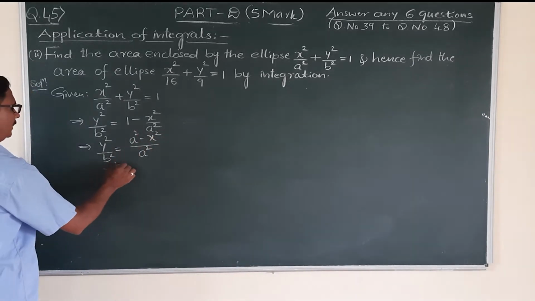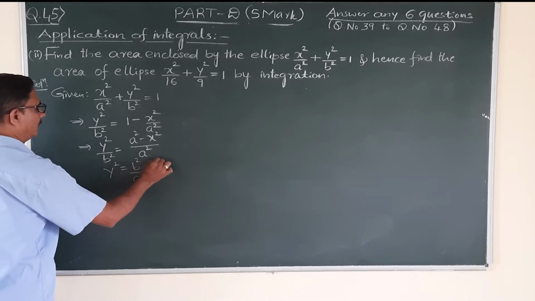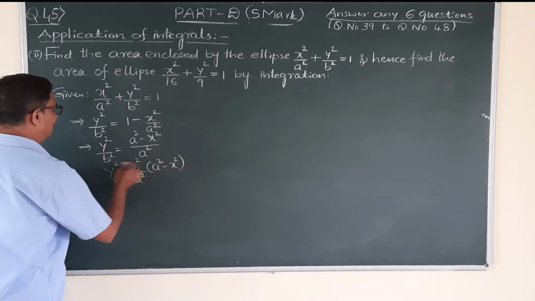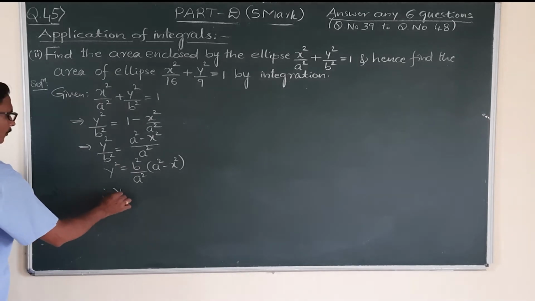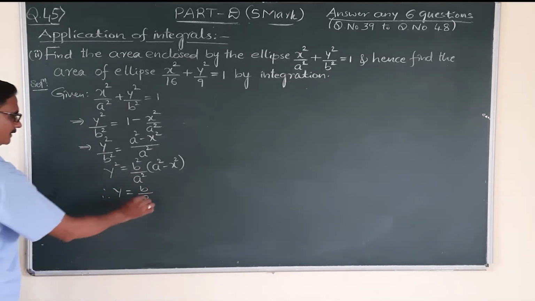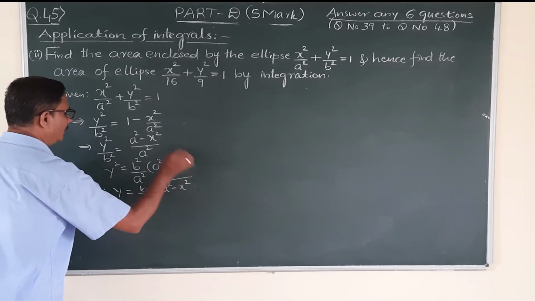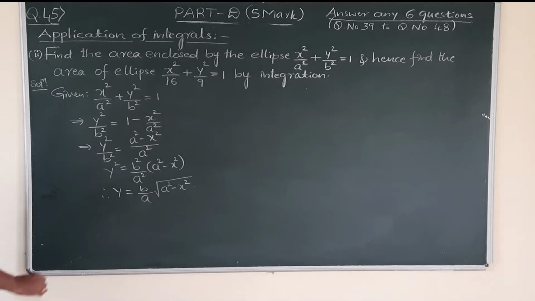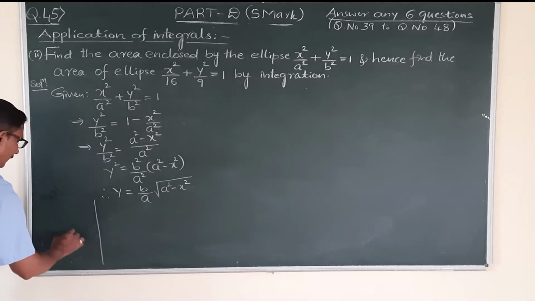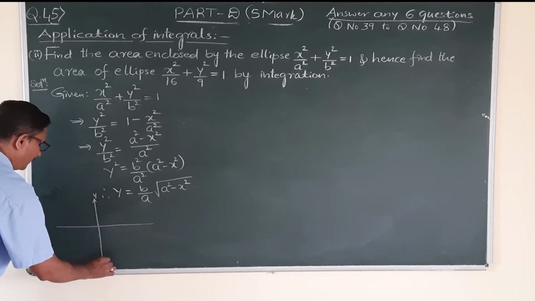Cross multiply: y square is equal to b square by a square into a square minus x square. Therefore y is equal to square root of b square is b, square root of a square is a, under root of a square minus x square. We got the y value.